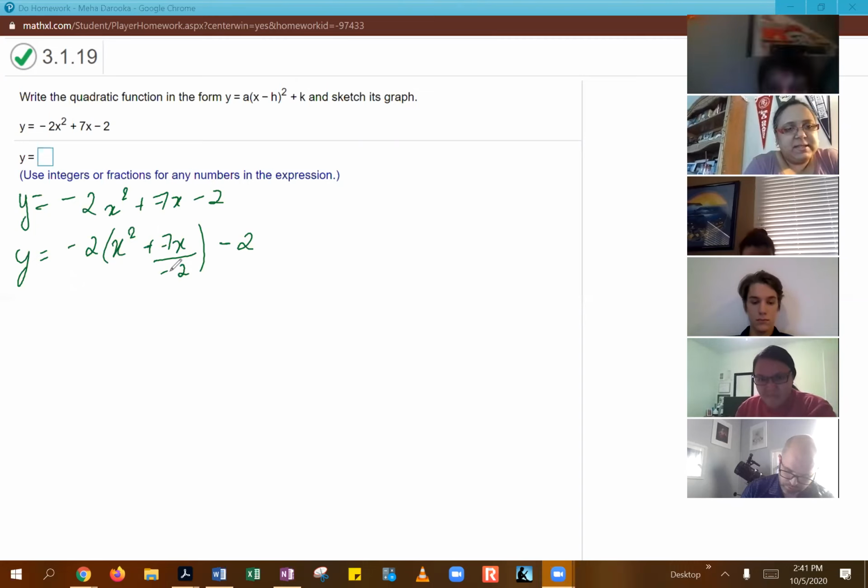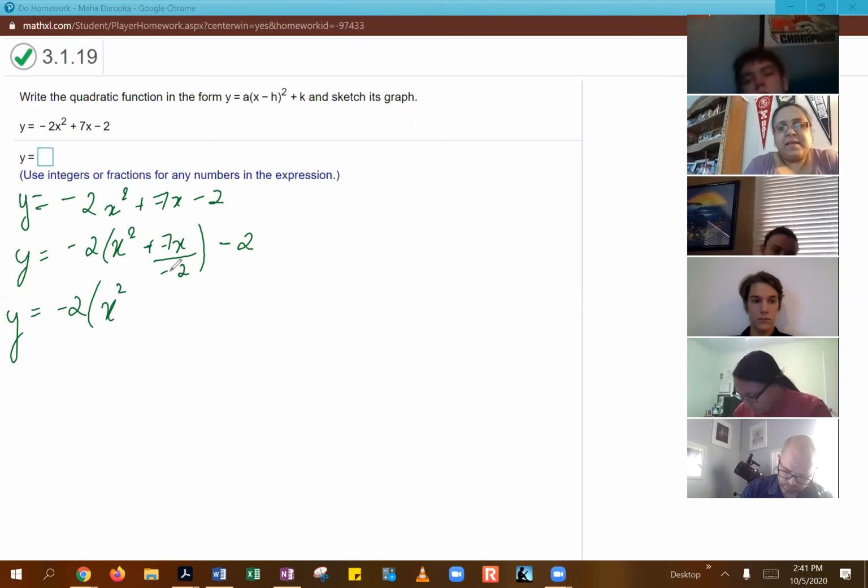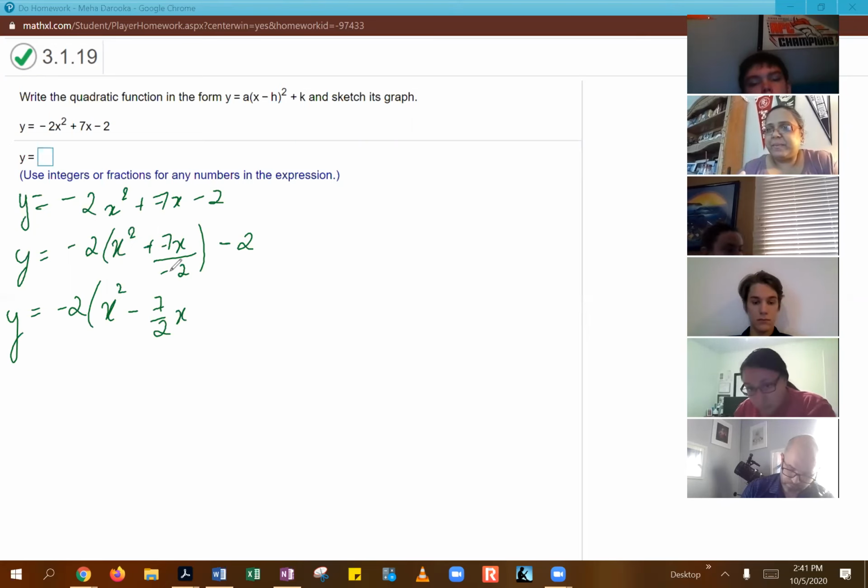So let's just go ahead and clean that up and let's see what we have. So minus 2 on the outside. We have x squared, and then positive 7 and negative 2 will basically just make that into negative 7/2 x. And then this is where that completing the square part kicks in.